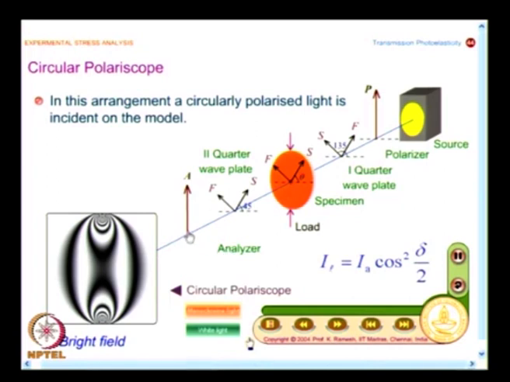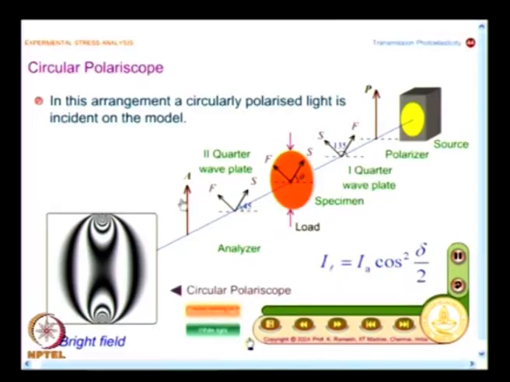Now the analyzer is kept vertical, the light is passed, and I also mentioned you see a complementary fringe pattern between dark and bright field. What was appearing as dark in the dark field will appear white. So, the fringe areas which were dark appear white in a bright field, and it is possible to show that this is fringe order 0.5, 1.5, 2.5, 3.5 and so on.